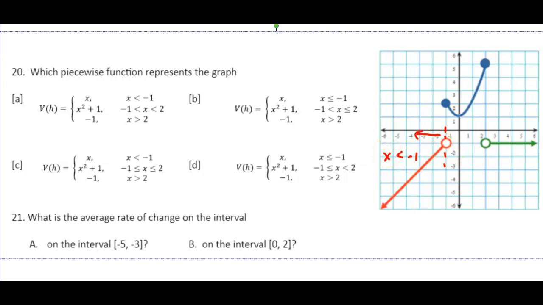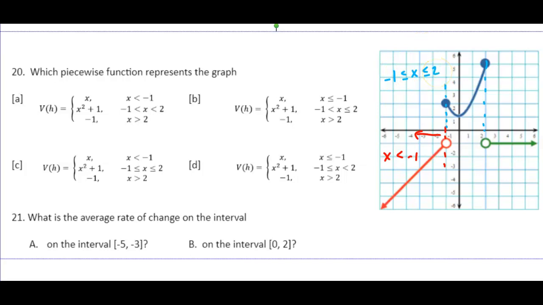Now let's look at the blue. All right. This piece, closed on both ends, it is the U shape, so it's the squared piece. It exists between -1 and 2. I should have equal to on both ends of the compound inequality because both of those circles are closed. So its constraint is going to be that x is between -1 and 2.